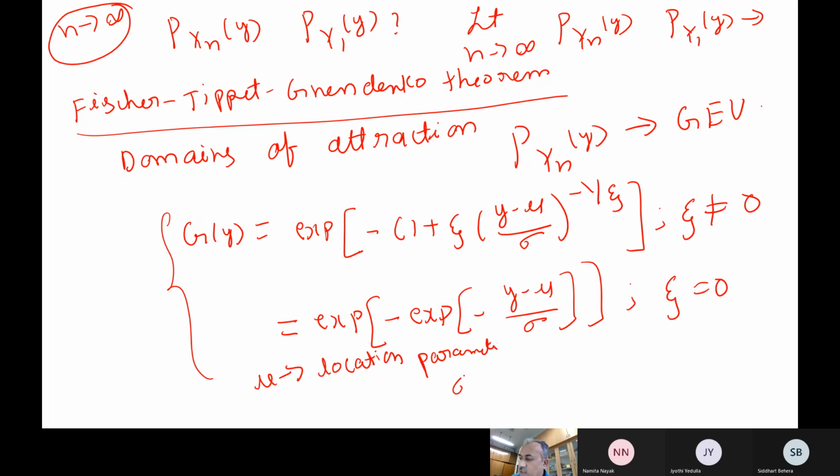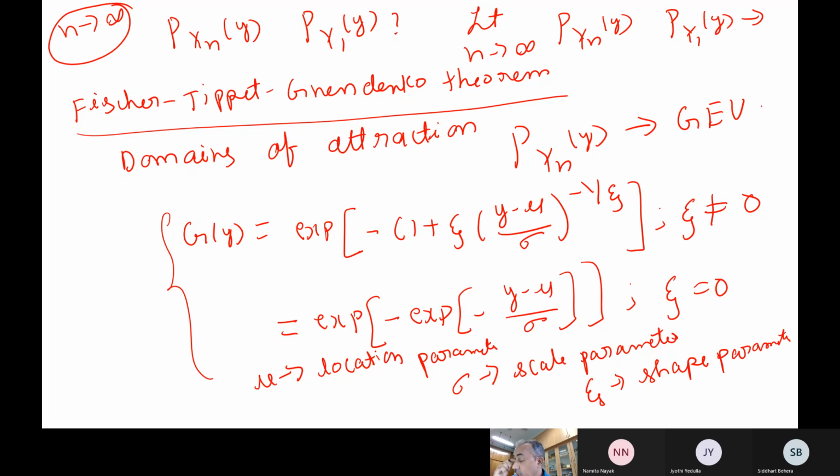Sigma is the scale parameter. And psi is known as the shape parameter. So 3 parameters are there.